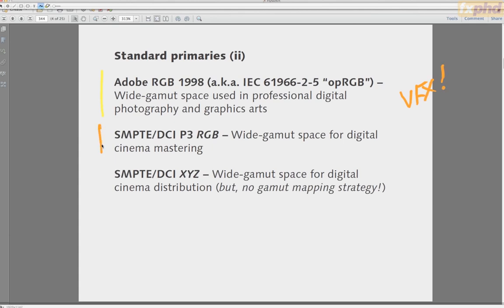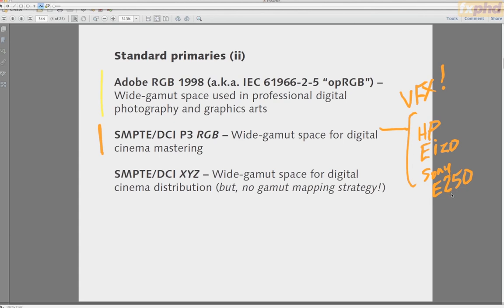Now, you'd like to get out to DCI P3 space, and you can buy displays from HP, you can buy it from ASO, and, well, if you really want to, you can buy a Sony E250. All of those displays will do DCI P3 space.